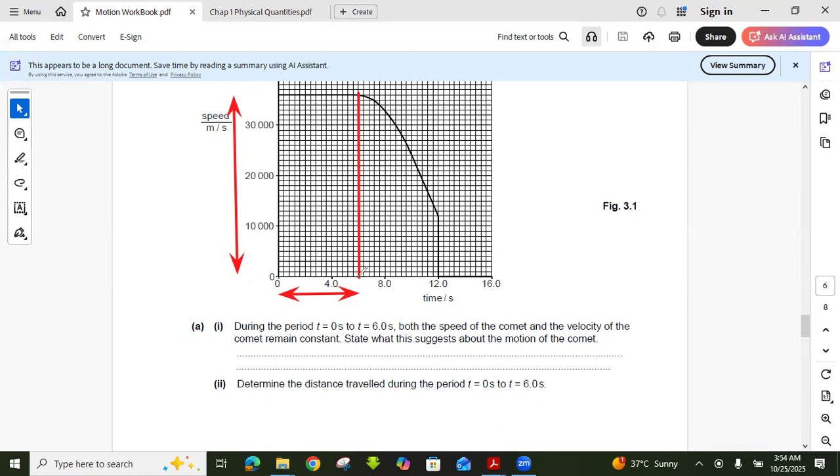What do you think? 30,500. And this is a rectangular shape, so we are going to use the formula length into breadth. Length here is 30,500, breadth here is 6. Multiply both.